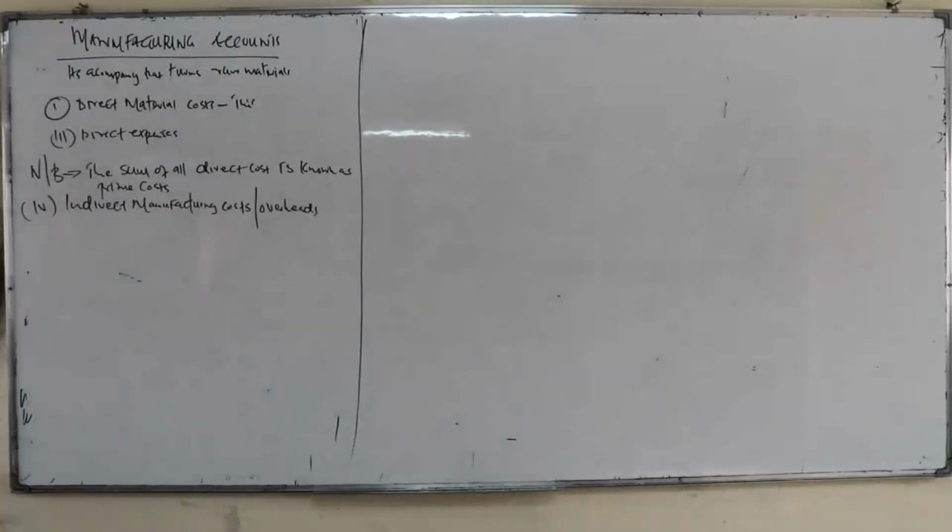So these are any other expenses apart from the direct cost, for items being manufactured, e.g. cleaners' wages, depreciation of plant and machinery, factory power and light.